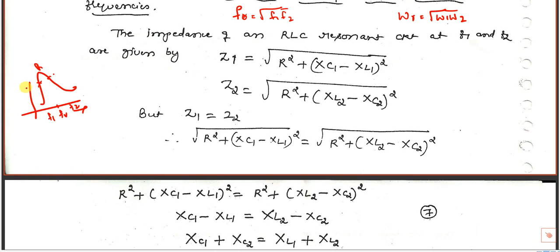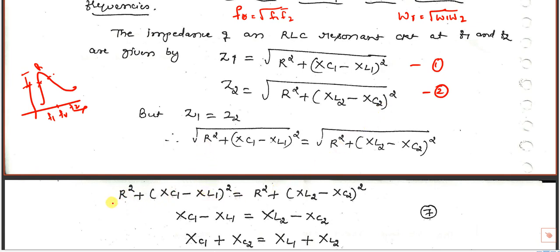Since the current here is Im by root 2 at both points, these two impedances are the same: Z1 and Z2 at F1 and F2. So you can equate equation number 1 and 2 and square both sides.